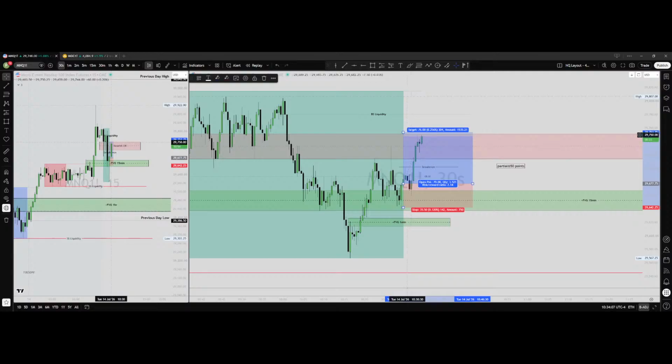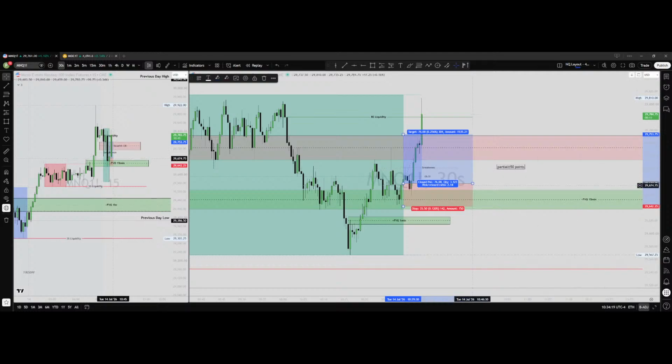This should be a good trade moving up higher. Oh, we were so close. We just took an exit and price hit all the targets. Pretty good trade. All our targets hit.